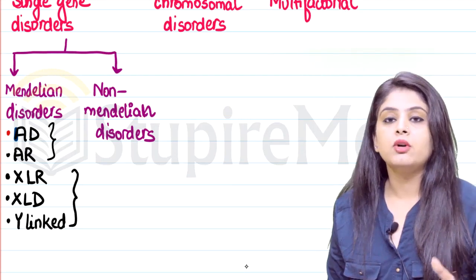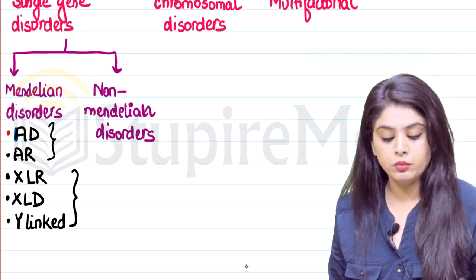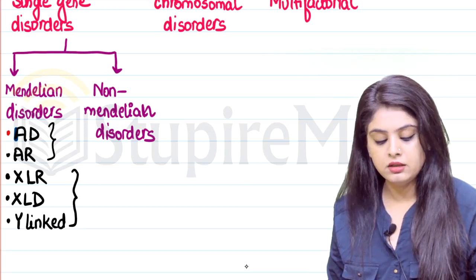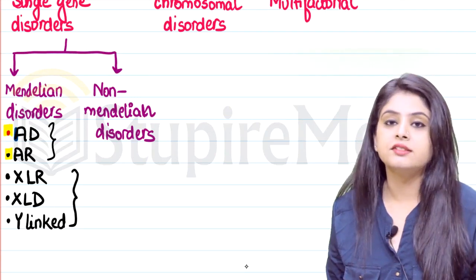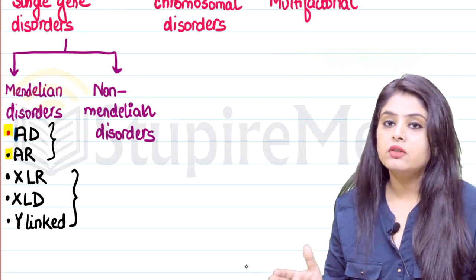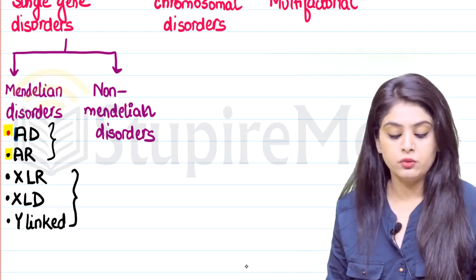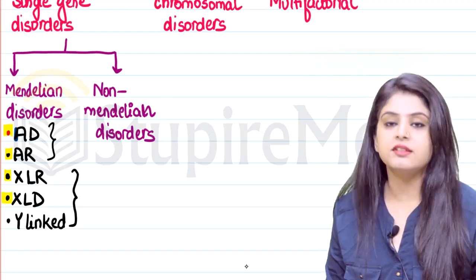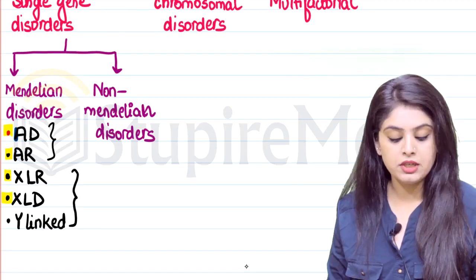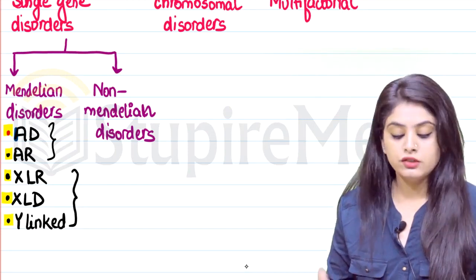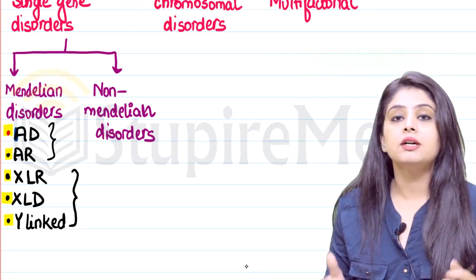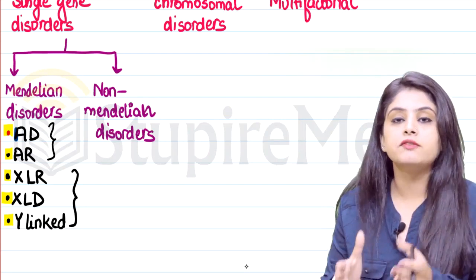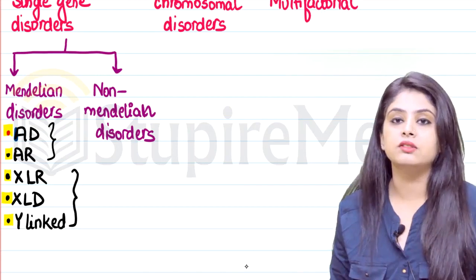So when we are talking about the autosomes, we'll have autosomal dominant, autosomal recessive. When we are talking about the sex-linked chromosomes, we'll have either the X or the Y. So we'll have X-linked recessive, X-linked dominant, and Y-linked. So all of these are going to form the Mendelian disorders because they follow classical Mendelian rules.